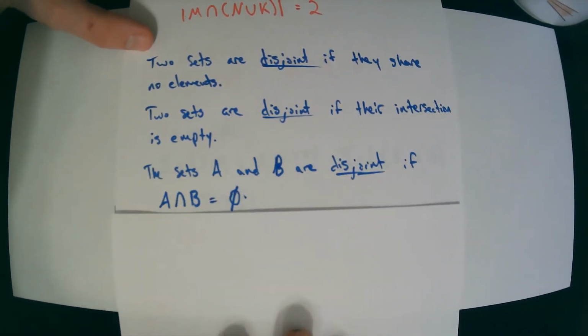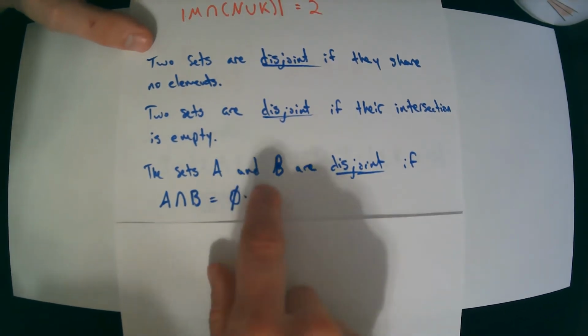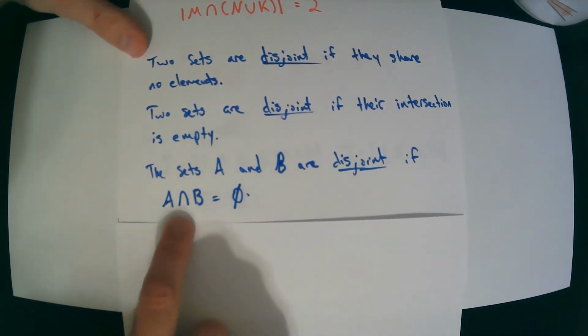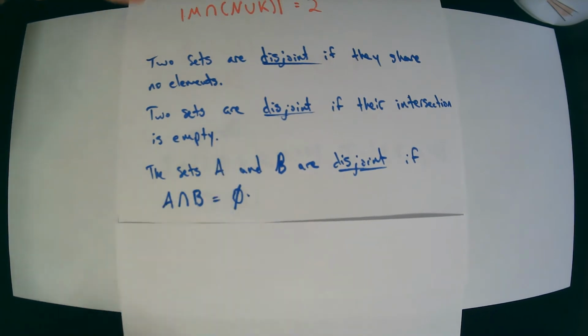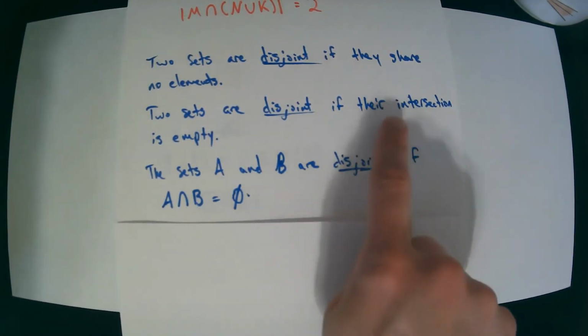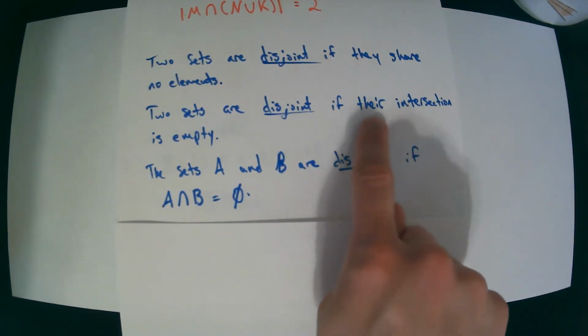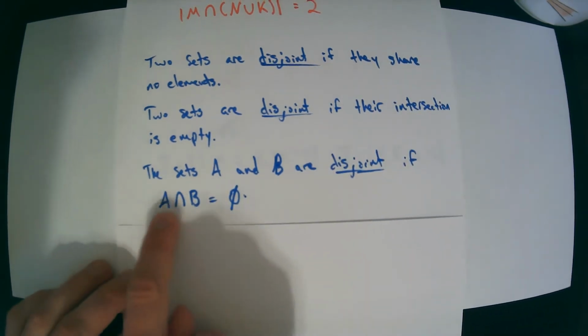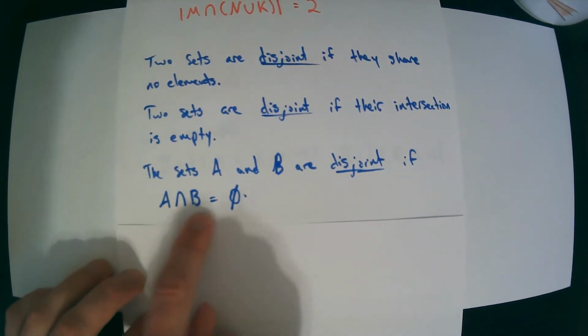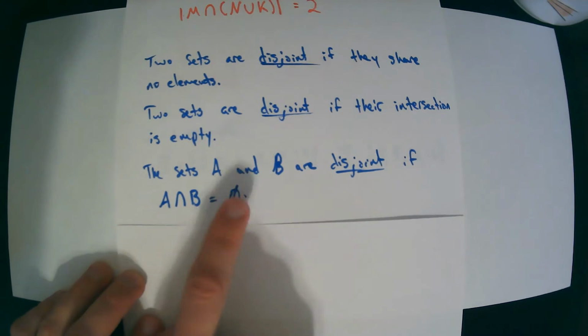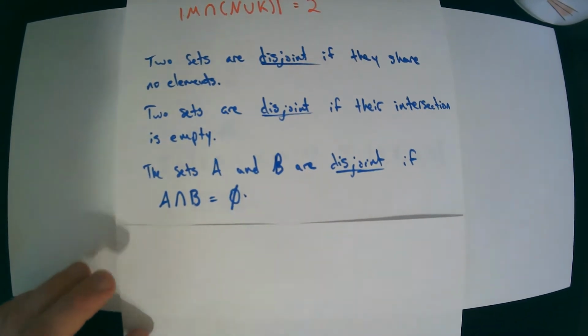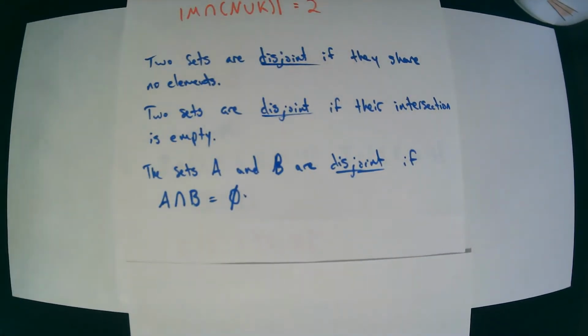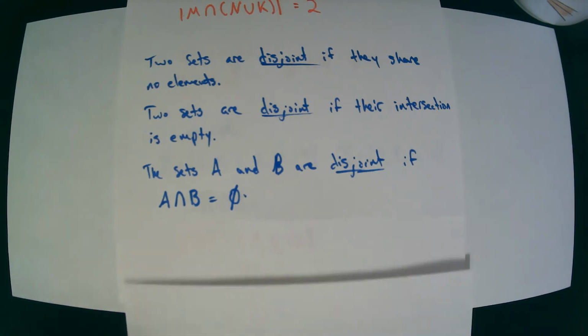Even more technical with math symbols: the sets A and B are disjoint if A intersect B is empty. So it says the same thing. Their intersection, which is A intersect B, that's how we say the intersection of these sets, is empty. Okay. Three different ways to say the same thing.